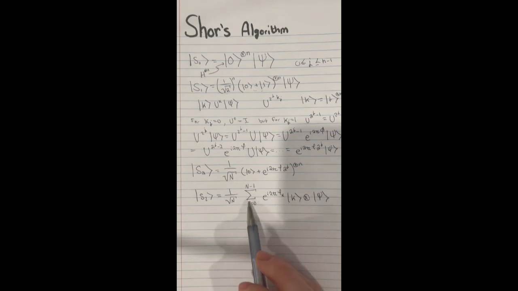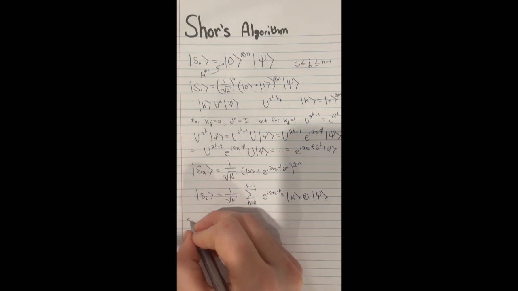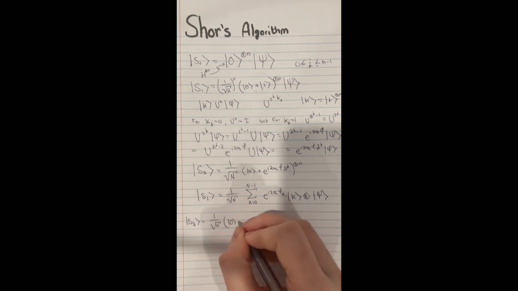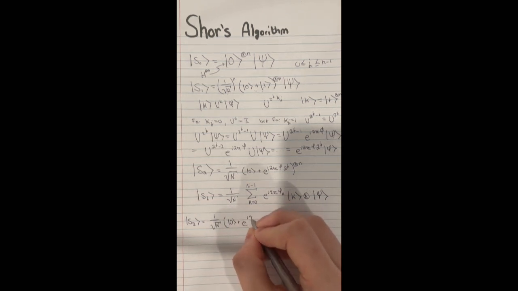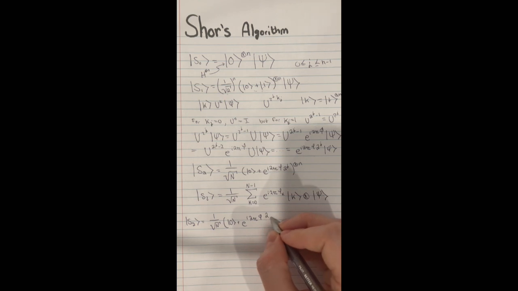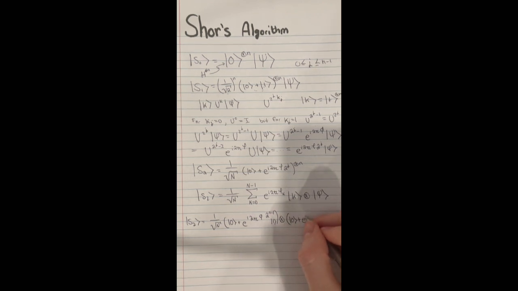So what we'll find is an expression equal to our 0 state plus e^(i 2 pi phi 2^(n-1)) our one state, tensor product with 0 plus e^(i 2 pi phi 2^(n-2)) on our one state.